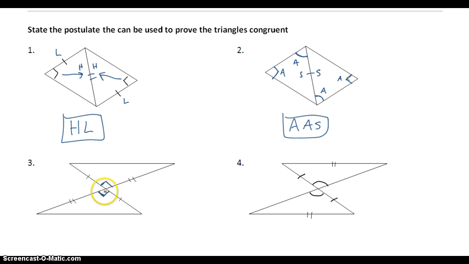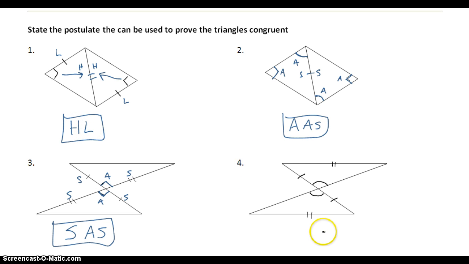And we have a pair of congruent sides here, and another pair of congruent sides here and here. But if you look at the sides that are congruent, they're not the hypotenuse and the leg. Instead, we just have regular old side, angle, side. Again, don't assume that if you have a right angle, it's going to be HL. It might be, but it doesn't have to be.